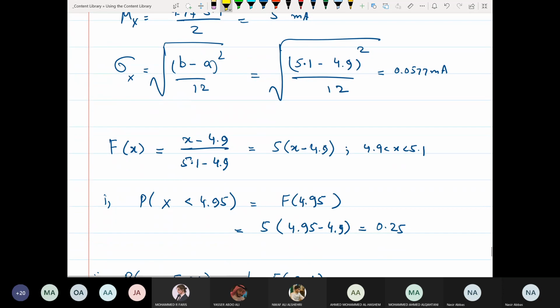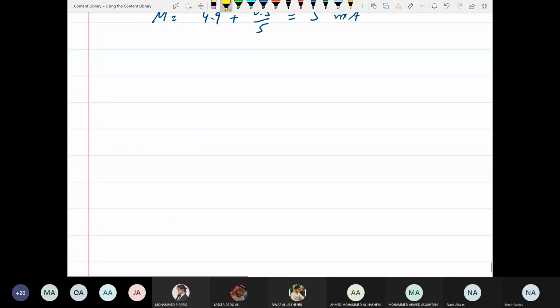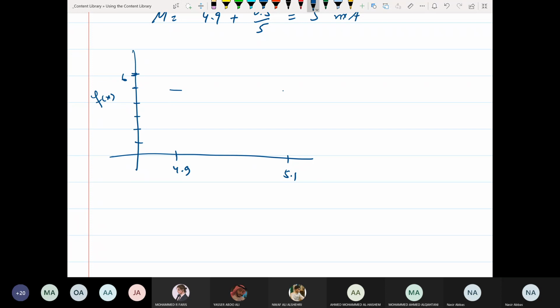If you plot small f of x against x, from 4.9 all the way up to 5.1, with the vertical axis 1, 2, 3, 4, 5 and let us say 6, you will see f of x is 5, a straight line between 4.9 and 5.1.